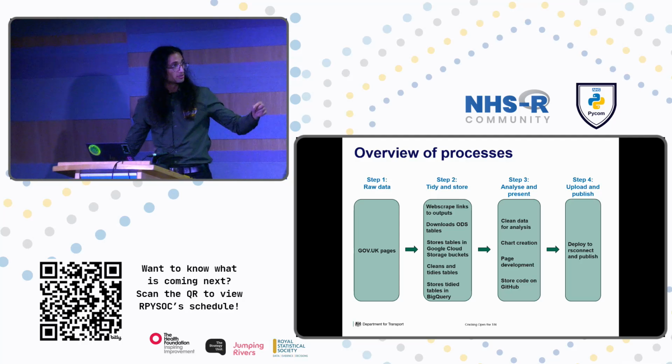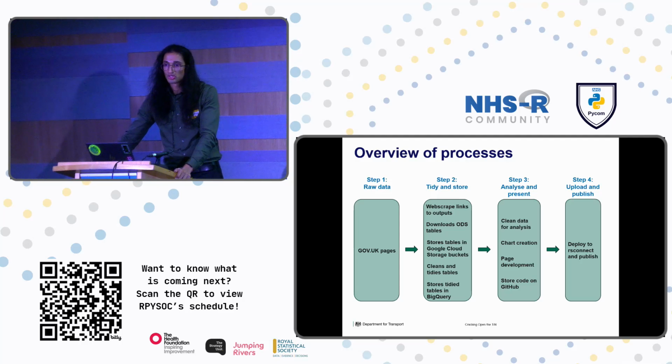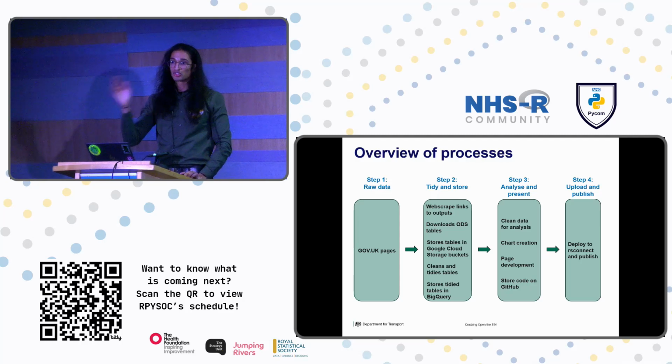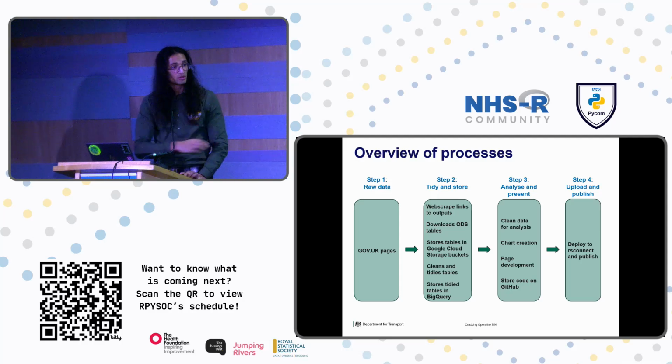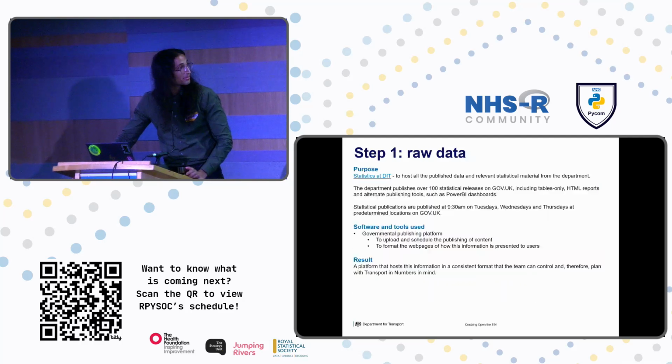So first we web scrape the information, get that into temporary files, and then download the files into Google Cloud Storage buckets using Python processes, before using R processes, I'll cover this in a bit more detail, to move that information into BigQuery. The third step is analyzing and presenting that data, so what you saw in that demo of the website. And the final step is actually publishing it so people can see what's there.